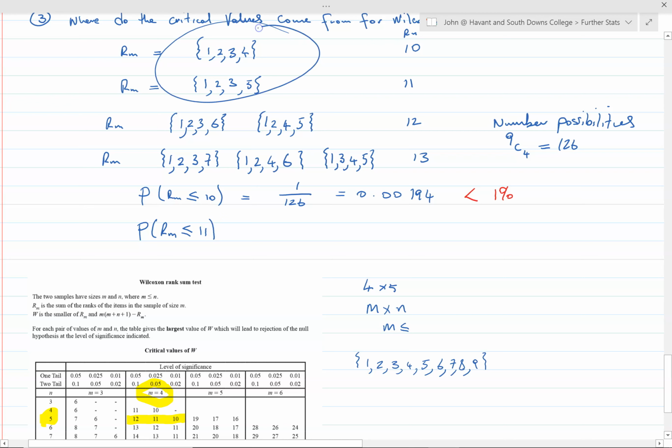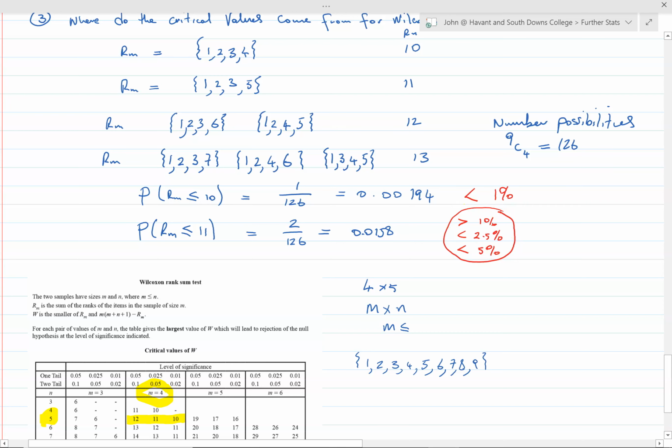There are 2 ways of getting that, so that's 2 out of 126, which equals 0.0158. And this is greater than 1%, but less than 2.5%, and less than 5%.